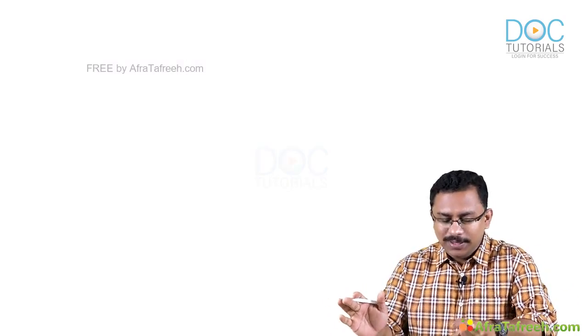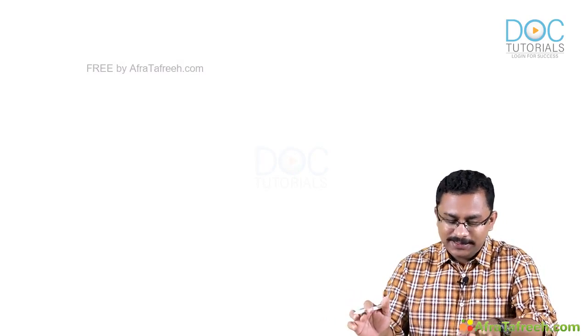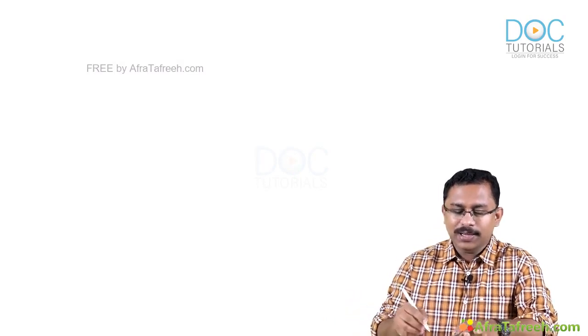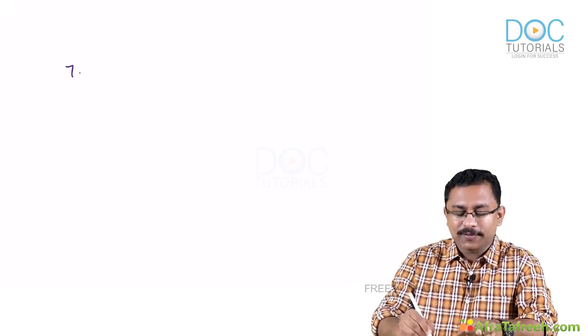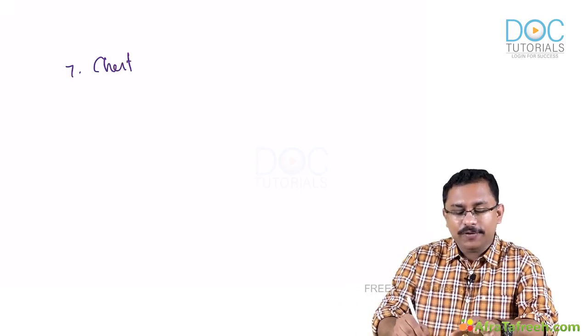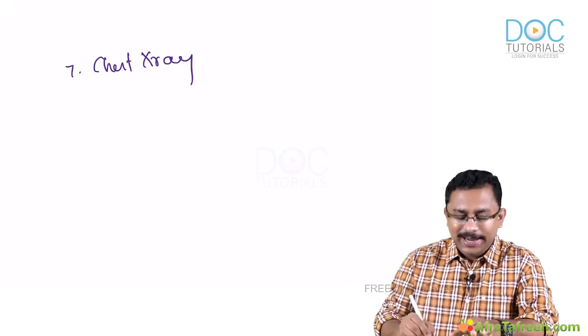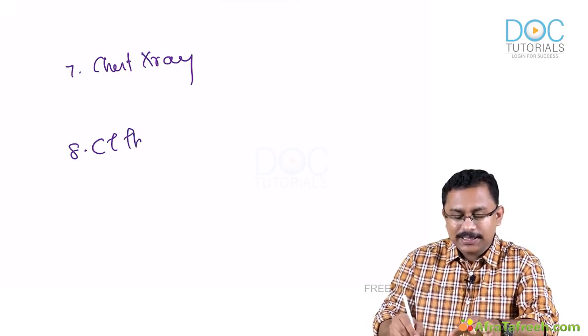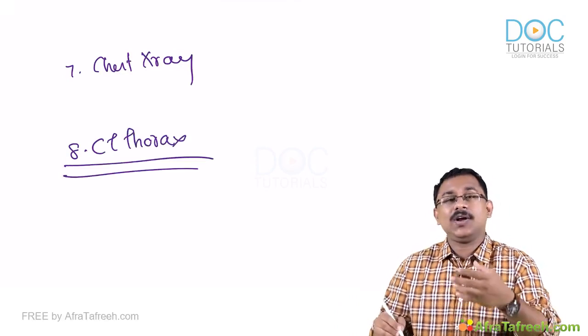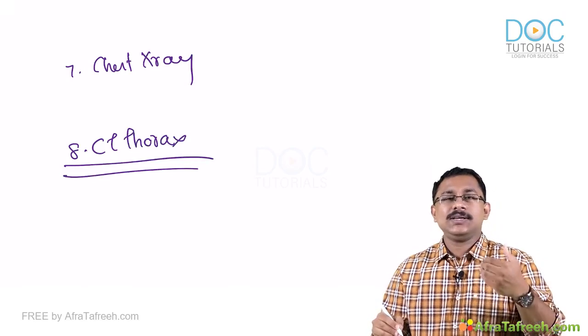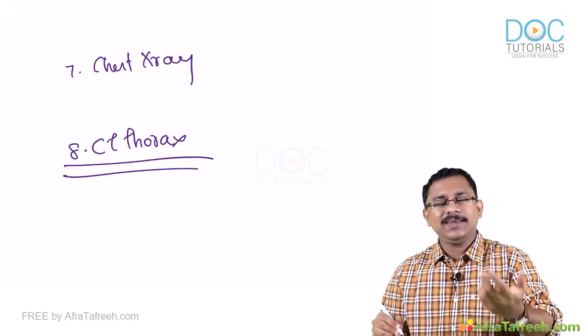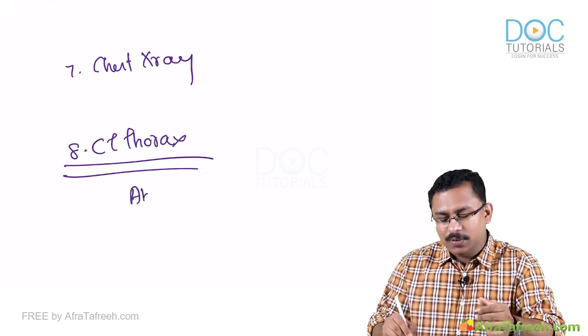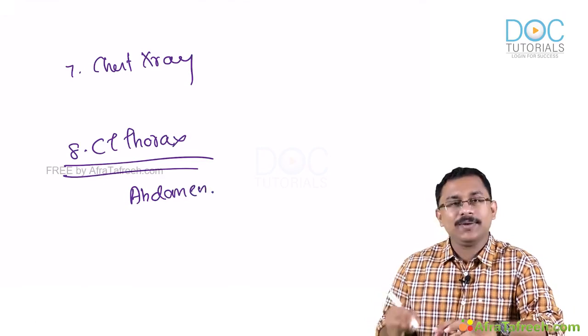Now, in addition to all these investigations that we have said, the sixth one, the test for detecting latent tubercular infections, you can definitely go for a chest X-ray. You can definitely go for a CT thorax. But remember, CT thorax is just for pulmonary tuberculosis. If you are suspecting a dissemination, it is always advised to go for a CT abdomen as well.